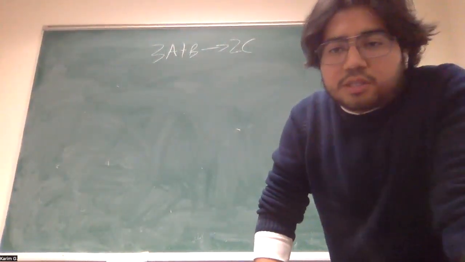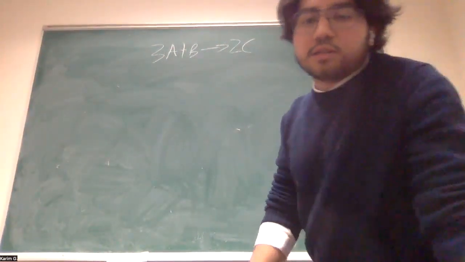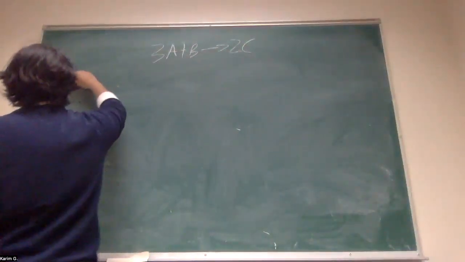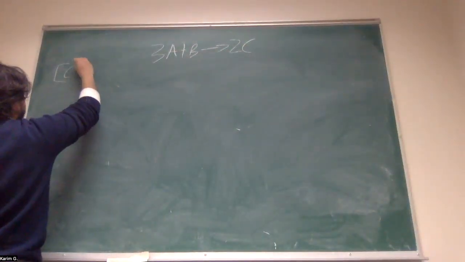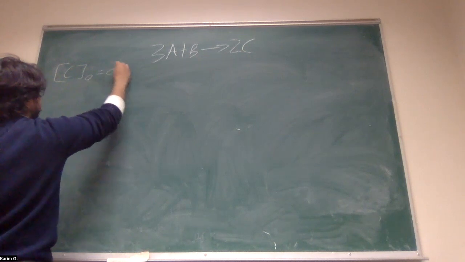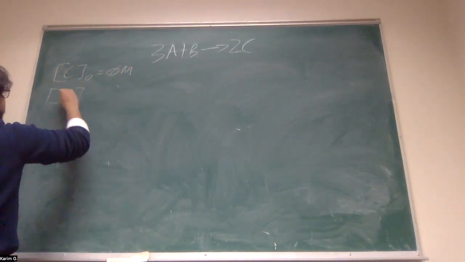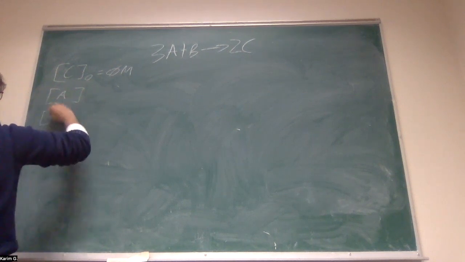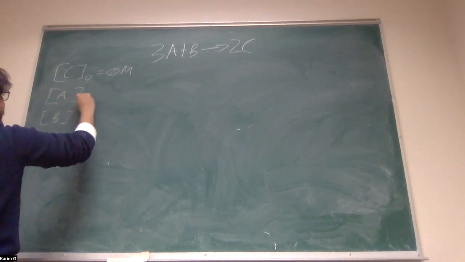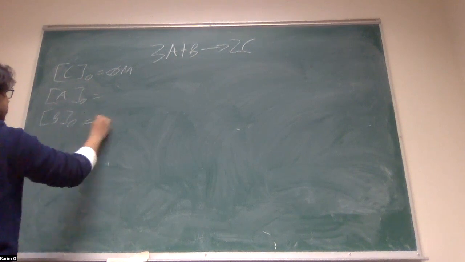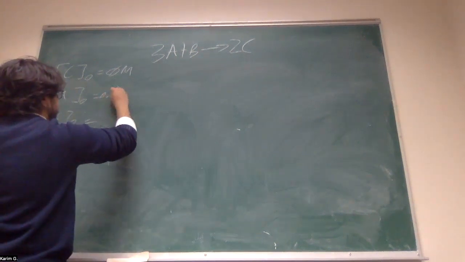The initial concentrations are C initial is 0 molar, and A and B initial are 0.20 molar.